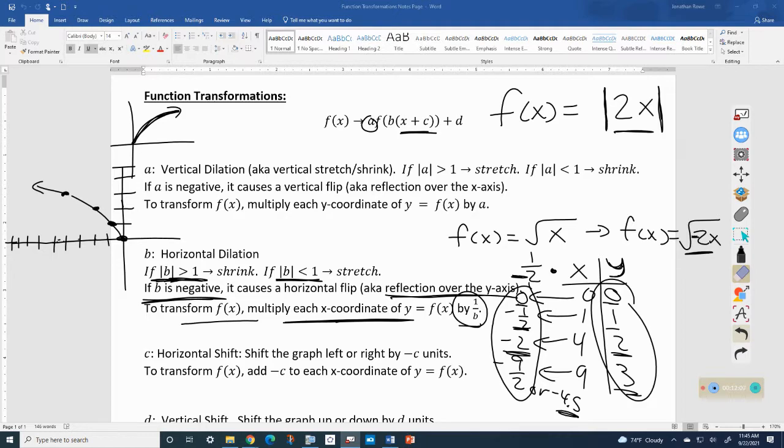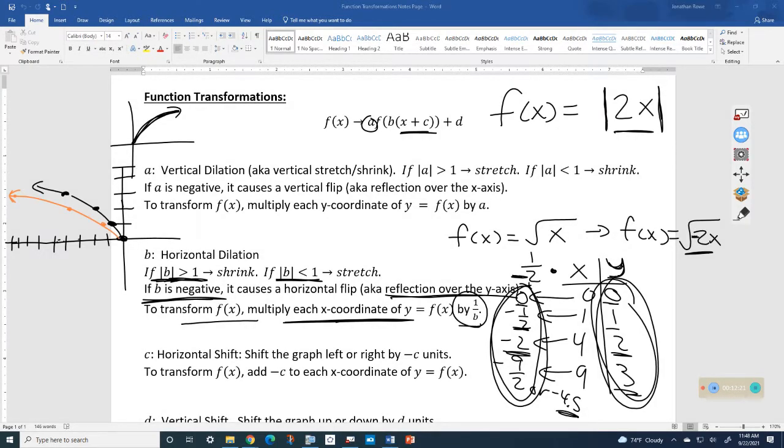And I got those ordered pairs. These are the x coordinates of the ordered pairs, and these are the y coordinates of the ordered pairs for the transformed function. All right, notice how the parent function is flipped from this way to now this way.